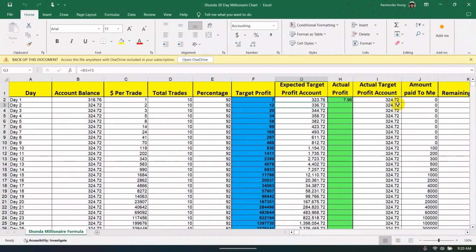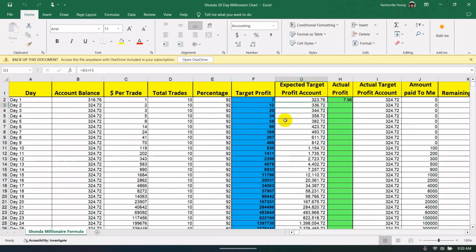I mean, literally, what are you doing? You are doing some things that you are not supposed to be doing, okay? And you did not hit the target, okay? So we cannot put our profit here until we actually hit the target, which was 336.